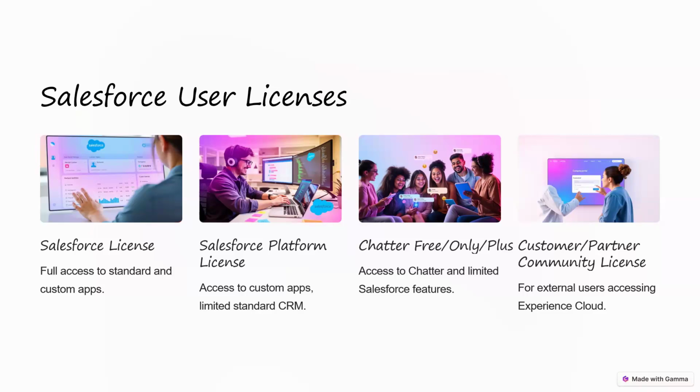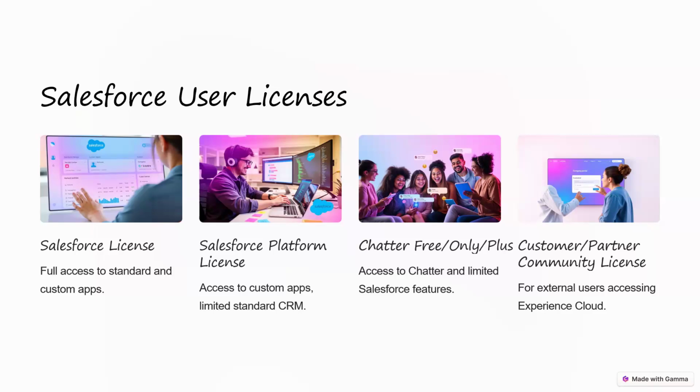For accessing that site, we need to give the specific license to that person, a customer or partner community license, and by that way they will be able to access that site. Without this license, they will not be able to access the specific site we create for the customer. These are the different kinds of license.